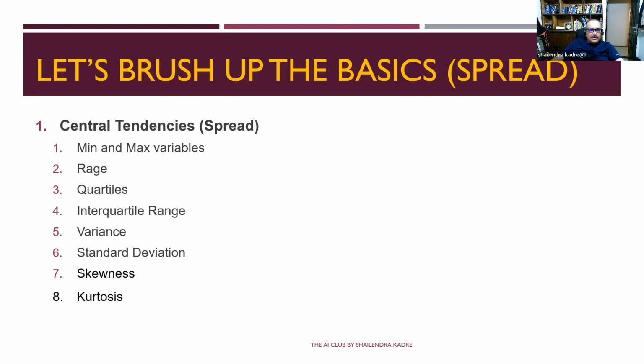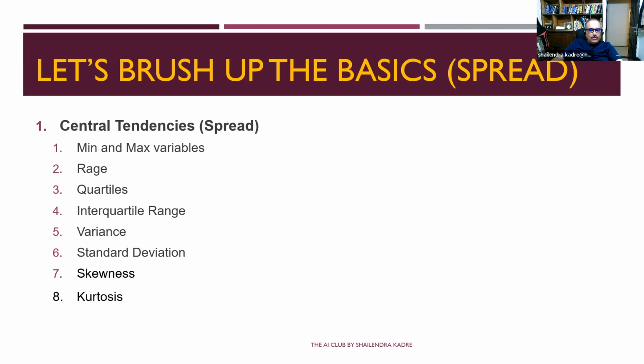Last lecture we completed our 1 hour 40-minute lecture on central tendencies. We studied maximum, minimum, range, which is maximum minus minimum, and quartile, which is the positional variable. Percentage is the variable by value, quartile is the variable by position.